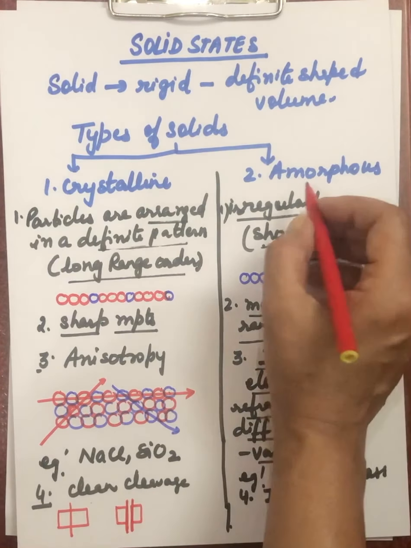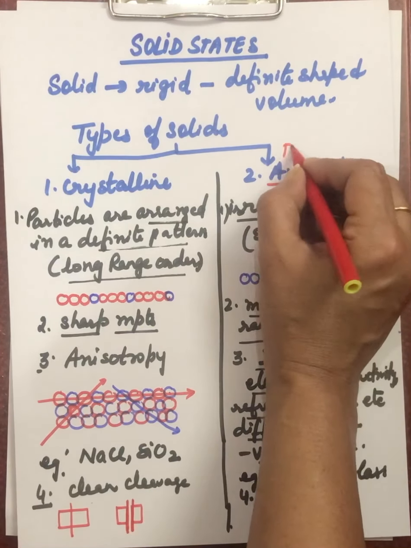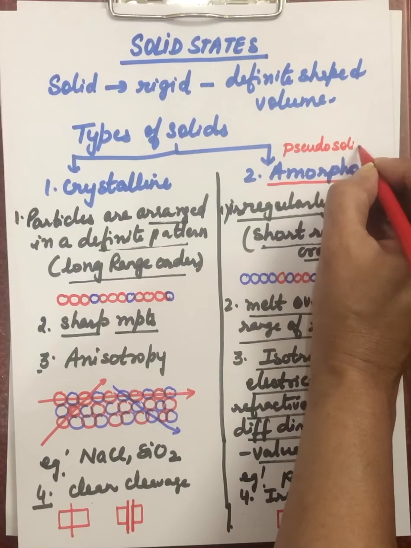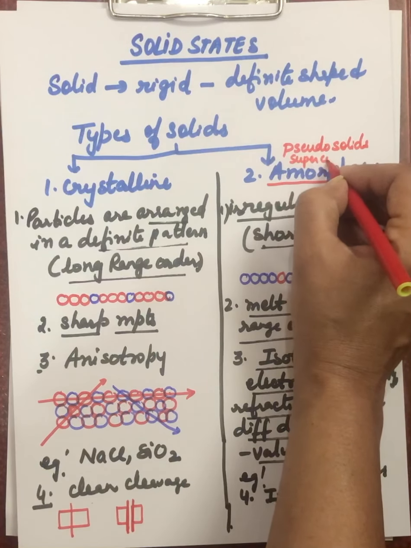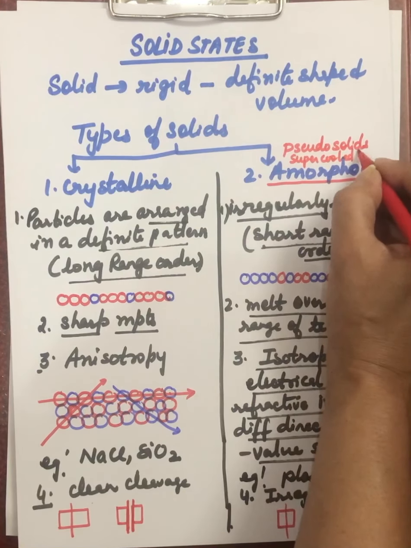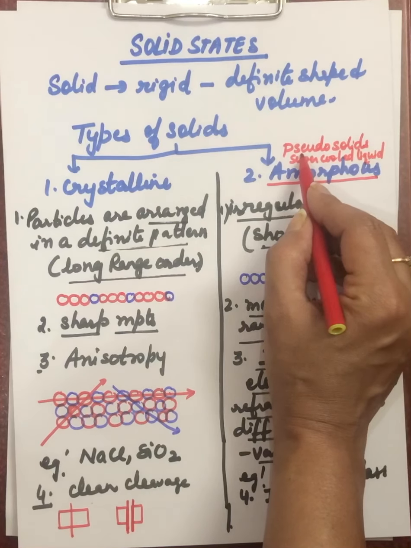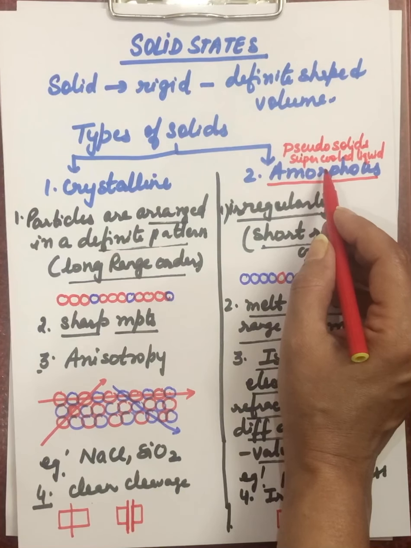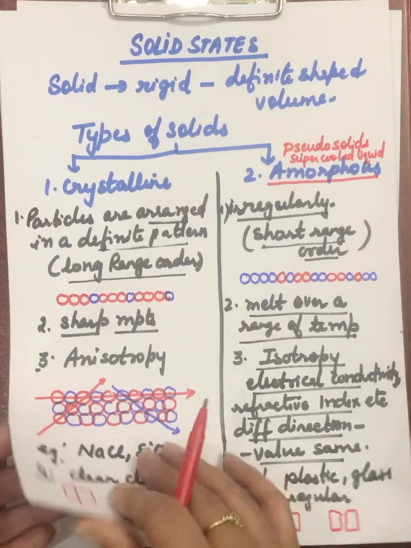One important thing that we should know about amorphous solids is that these are called pseudo solids or supercooled liquids. These are not actual solids, these are false solids, also called supercooled liquids. Now based on this, we have one very important question.